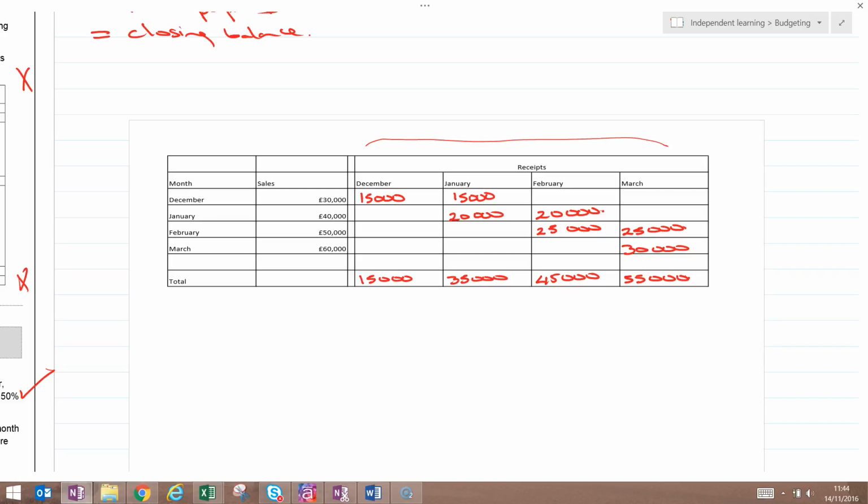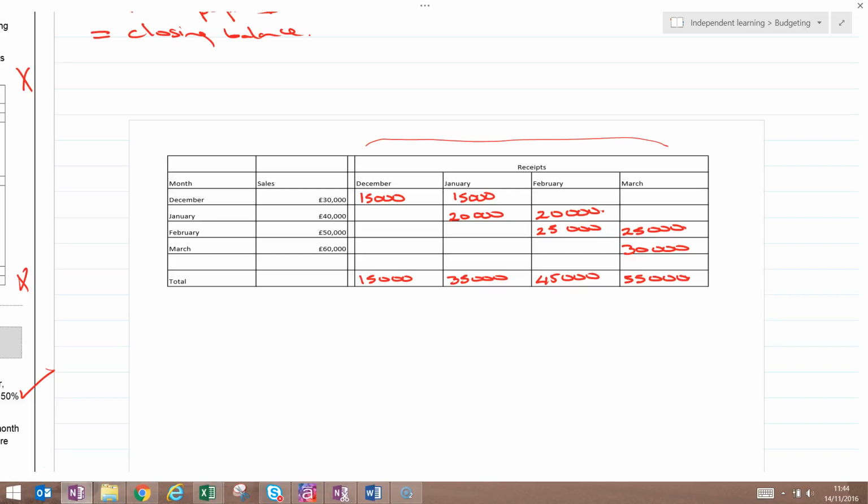Remember that if you have cash sales, then you receive the money from those sales at the time that the sale is made. So if you make a cash sale of £10,000 in January, your receipt would be in January. That's the definition of the cash sale. The receipt is made at the time of the transaction. So look out for that. Make sure you put your cash sales in the month the sale was made.